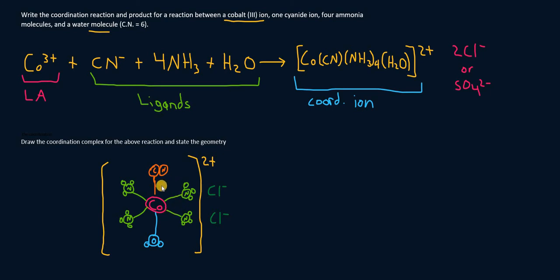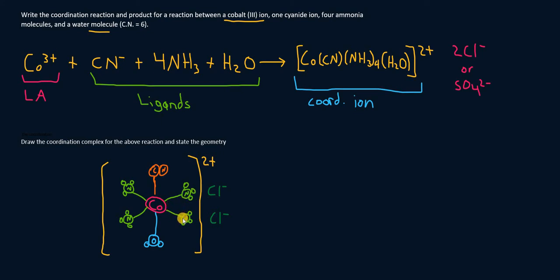You definitely don't have to get overly fancy with this. If you wanted to draw the Lewis structures too, that's fine. Or if you wanted to draw the stick and ball configuration, that's fine too. Either one works. You just want to get the general idea across, right? So we have our cobalt in the middle. Right here we have our cyanide ion, so the C and the N coming off on the top. We have our 4 ammonias going around.